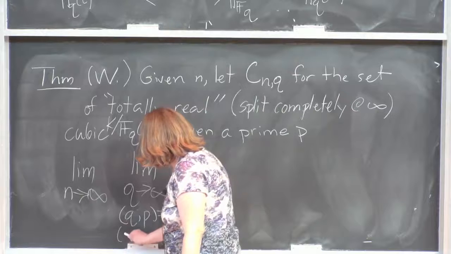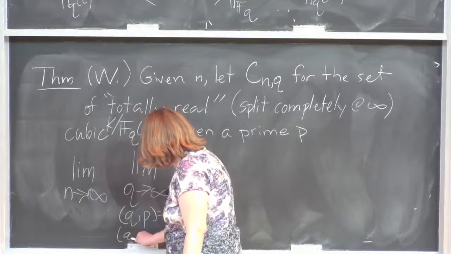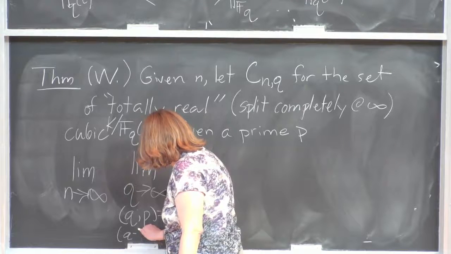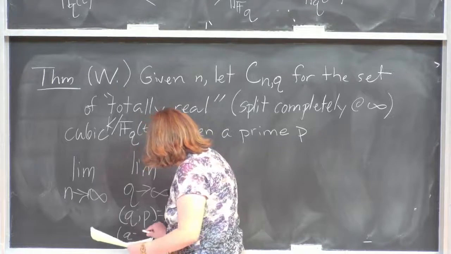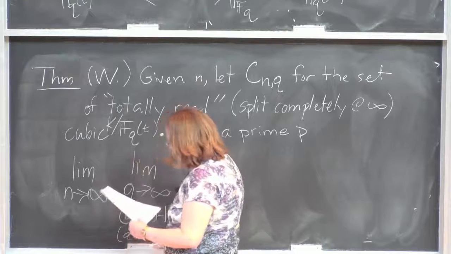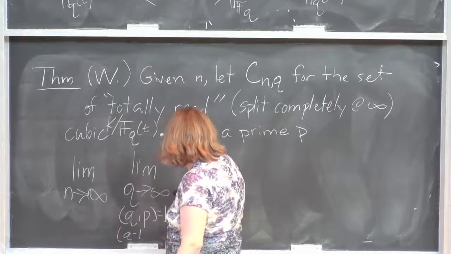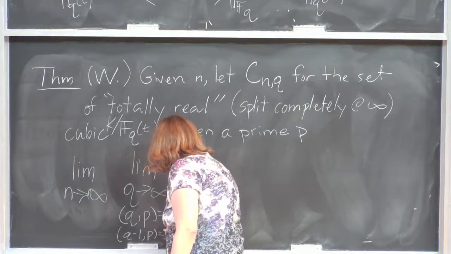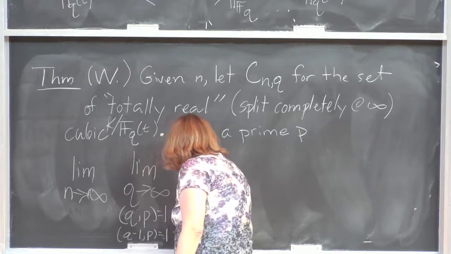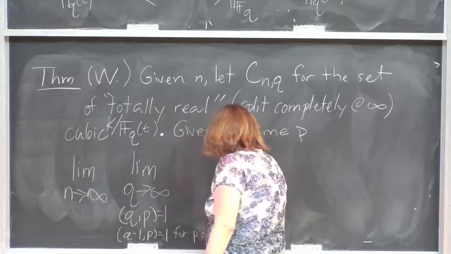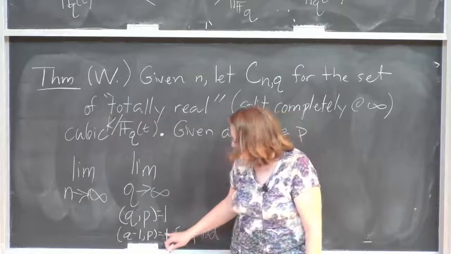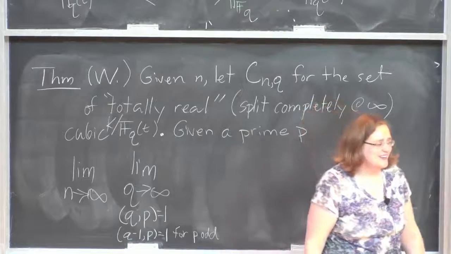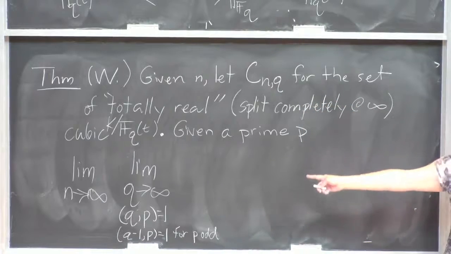Okay, and the other thing is q minus 1 should stay relatively prime to p, for p odd. So if q had to be relatively prime to p, I certainly couldn't ask q minus 1 to be relatively prime to 2, or then this is a kind of silly limit over the empty set.